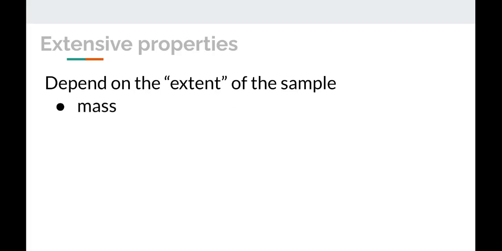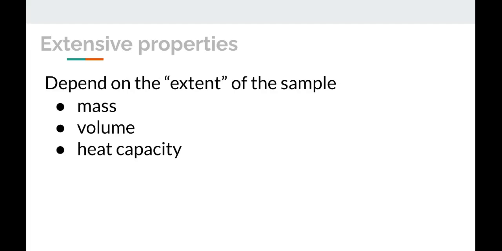A large sample of the same substance would have a bigger mass than a small sample of the same substance. Volume. Volume is literally the extent of the space that's taken up. Heat capacity. How much capacity a piece of matter has to absorb energy without changing temperature is its heat capacity.